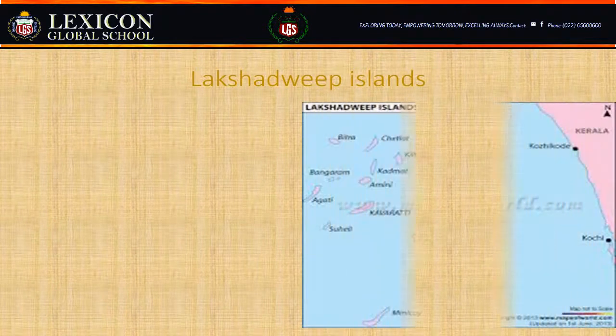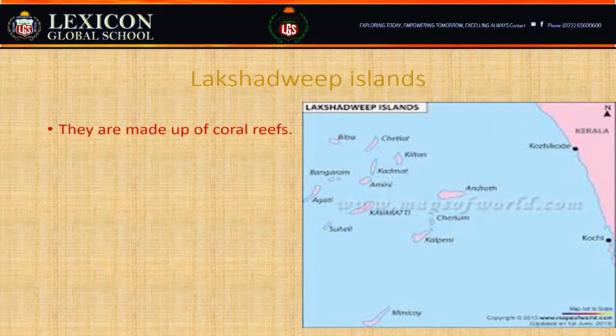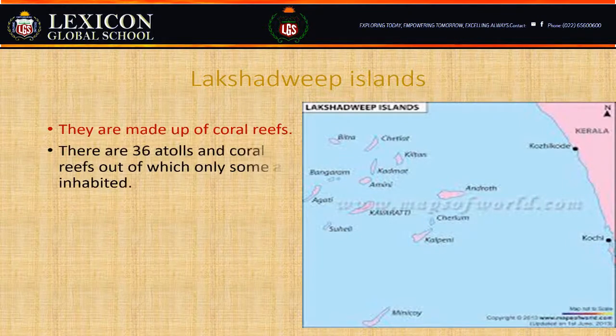Lakshadweep Islands are made up of coral reefs. The name Lakshadweep in Sanskrit means 1 lakh islands, but we cannot see 1 lakh islands here. There are 36 atolls and coral reefs, out of which only some are inhabited.